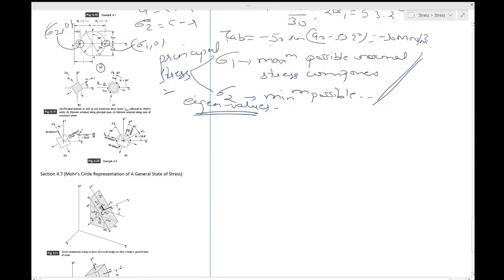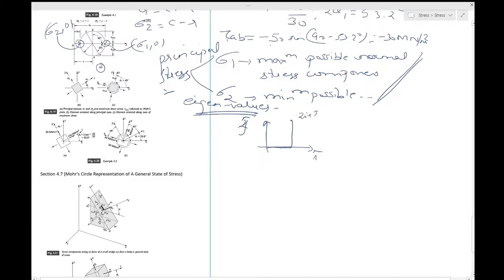Okay, so assume that you have this coordinate system x and y. Sorry, it should be i and j. You consider a point, say 2i plus 3j.